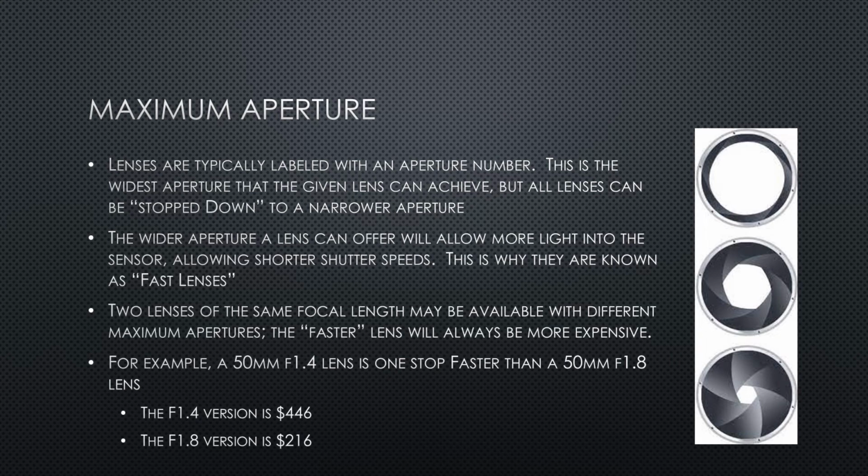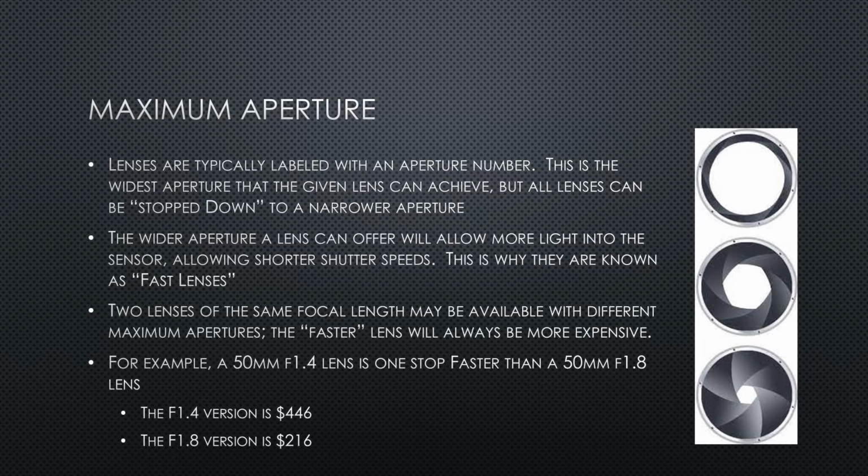In addition to knowing the focal length of your lens, the other statistic that most photographers will be concerned about when looking to purchase a lens or use a lens is the maximum aperture of the lens. Typically they'll be labeled with an aperture number like an f2 or an f2.8 or an f4. We talked last week about what the aperture is.